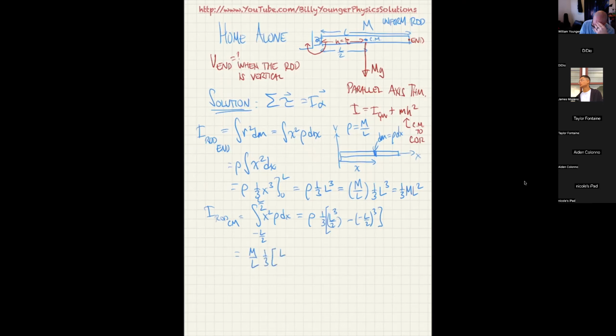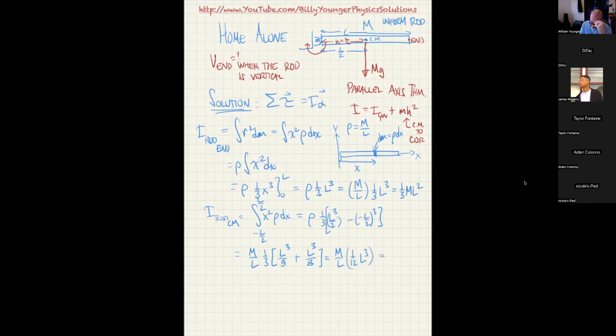Now this is going to be L cubed over 8 minus a negative, so plus L cubed over 8. So we get m over L times L cubed over 8 plus L cubed over 8, which would be 2L cubed over 8, which would be L cubed over 4. So it'd be 1/12 L cubed.